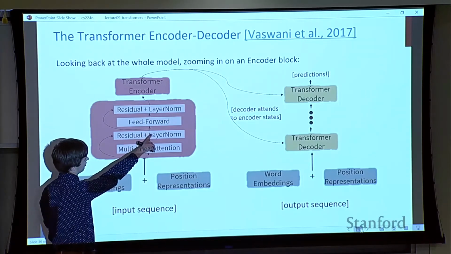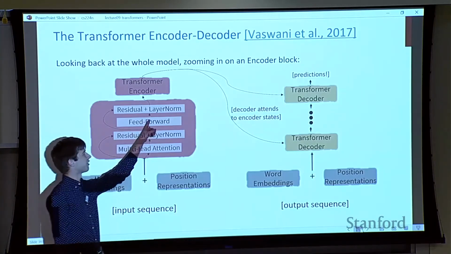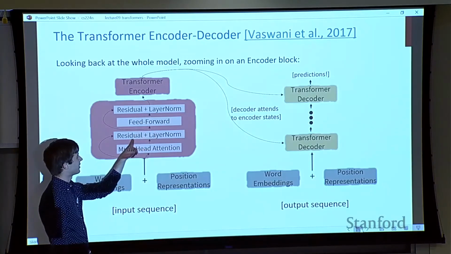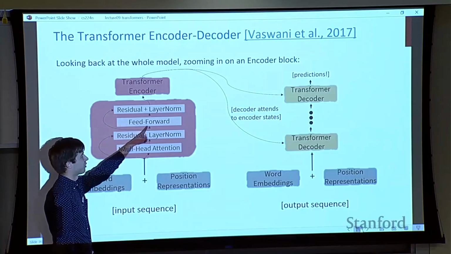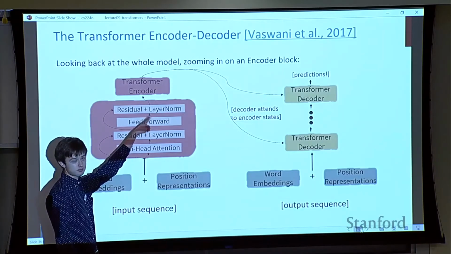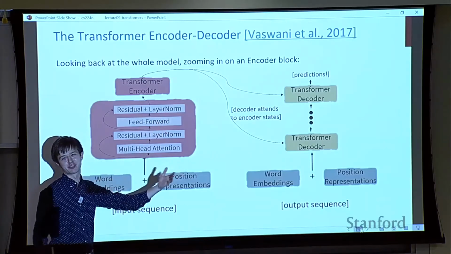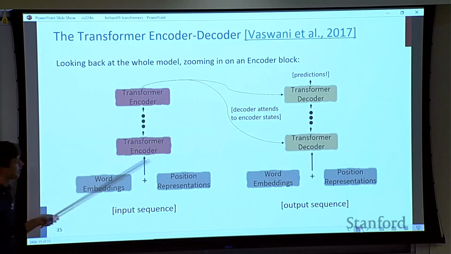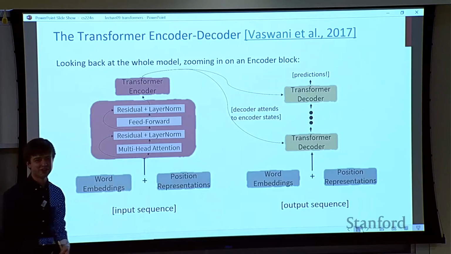Next, you put the result of that through a feed-forward network. There should be an arrow between the feed-forward and the next residual layer. But the output of this residual and layer norm is added into that residual and layer norm along with the output of the feed-forward. And then the output of this residual and layer norm is the output of the transformer encoder block. So when we had each of these encoders here, internally, each one of them was just this. And we've seen all these building blocks before.